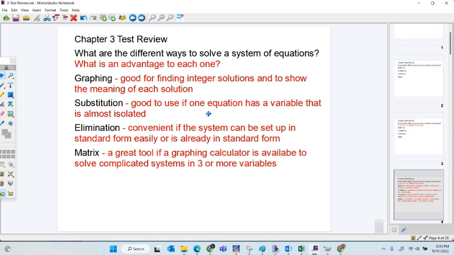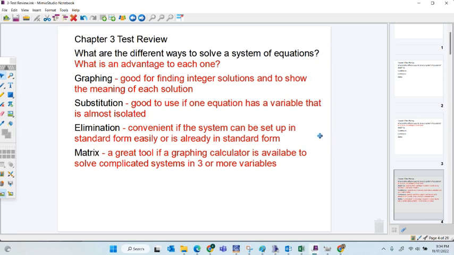Substitution is good if one of the equations has a variable that is almost isolated, and for the smaller type of equations, substitution can be a good option. Elimination is super convenient, especially if they're both in standard form and there are just 2 variables. Things will eliminate. With 3 variables, it does become a little bit cumbersome, as you found out in your work together assignment.